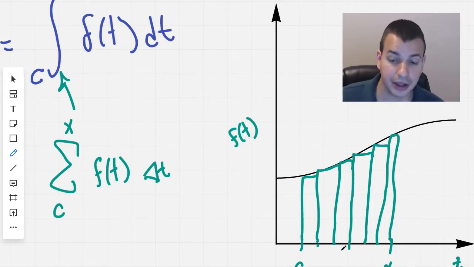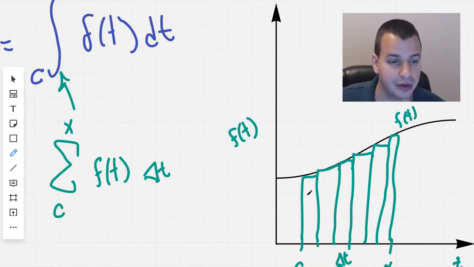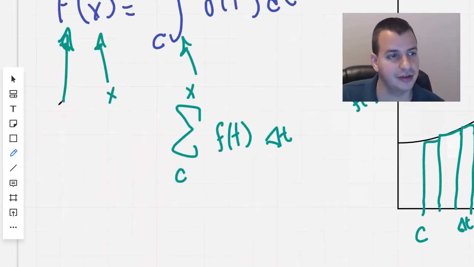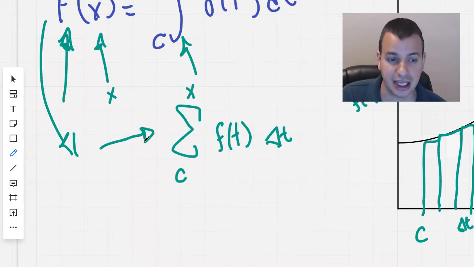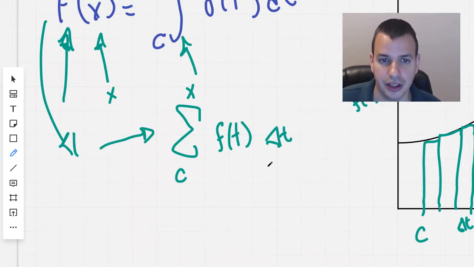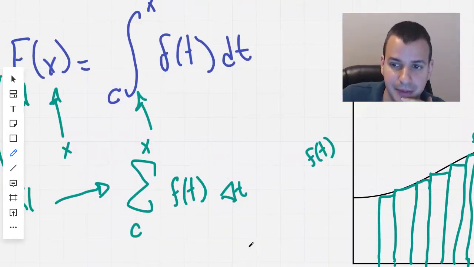There we go. Each of these rectangles would have width dt, and the height would be f of t, changing based on the function, all the way up to x. What this is saying is that the antiderivative, basically the area under the curve, is the same as a summation of all these little rectangles. That's the fundamental theorem of calculus.